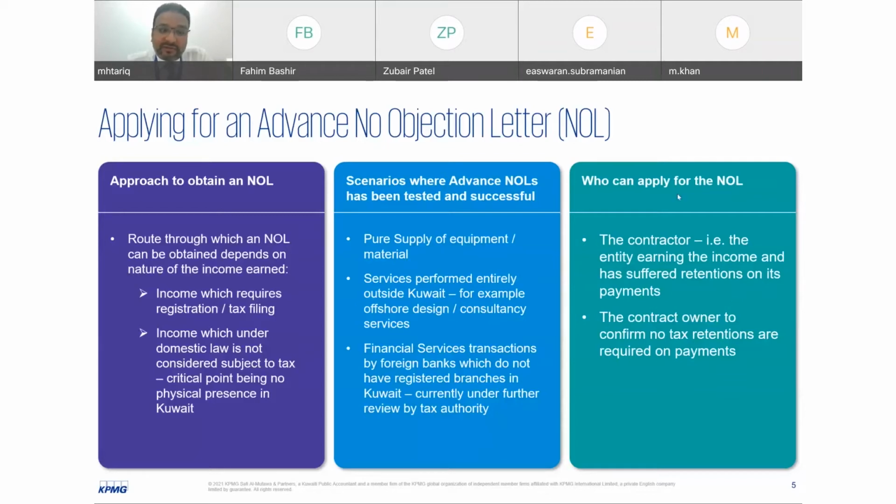Hanan, we also had a question regarding whether there is a list of specific sources of income to apply for the advance no objection route. That's interesting because this is linked to the taxability of the income. The reason we're saying the no objection route is available is on the basis that the income is not taxable.